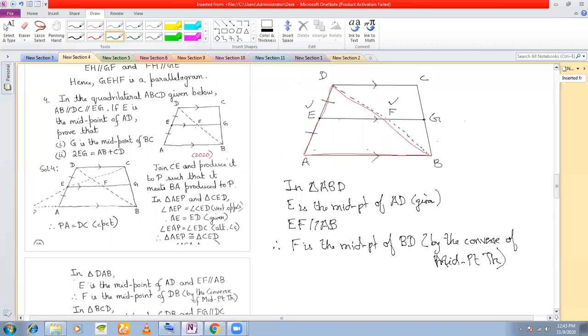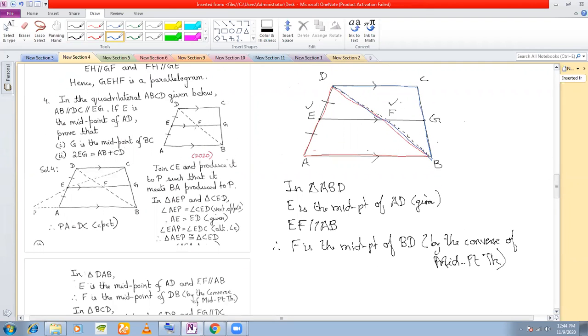Now look at this blue triangle. In this triangle, what do we know? We know that F is the midpoint, as we have proved here. We don't know G is the midpoint, right? So we know that FG, this line, is parallel to this line, right?